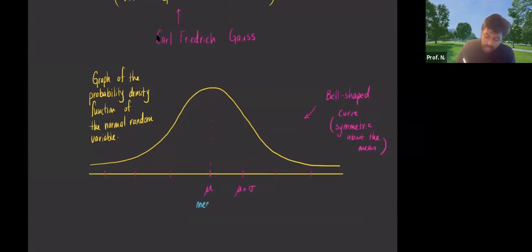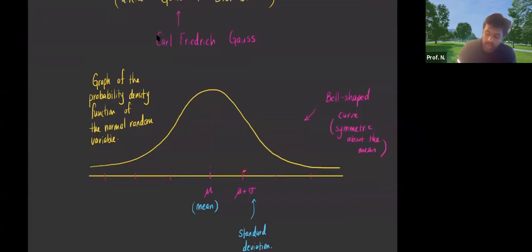So again, this is the mean, the average. And this will be the standard deviation. And as we continue on our way to the right, we're just adding another additional standard deviation. So this would be mu plus 2 standard deviations.